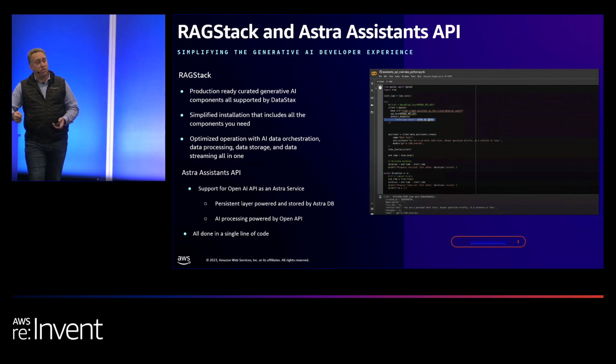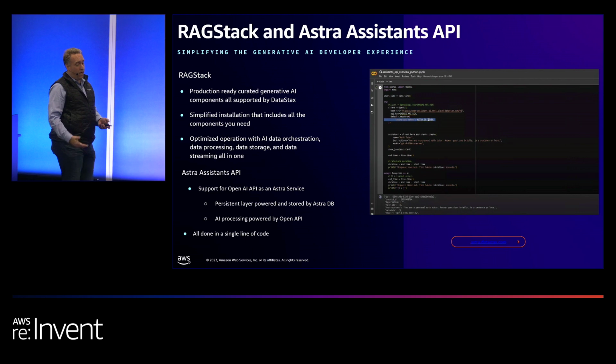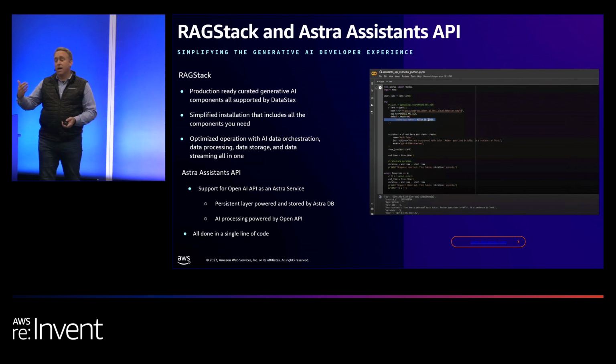You need your application infrastructure to be able to scale both at the database level for access, but also in the development process, so being able to leverage different tools as they're being developed and deployed. That's really what our RAG stacks, our Assistance API, and our Astra platform provide for you.